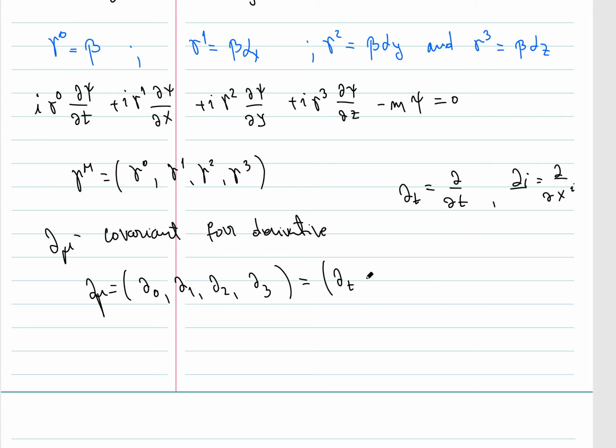So we have partial of x, partial of y, partial of z.